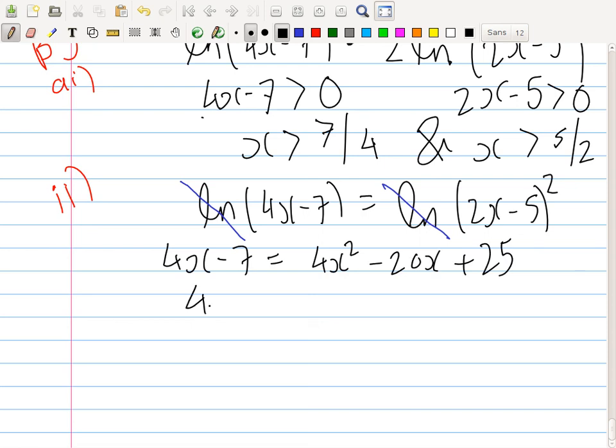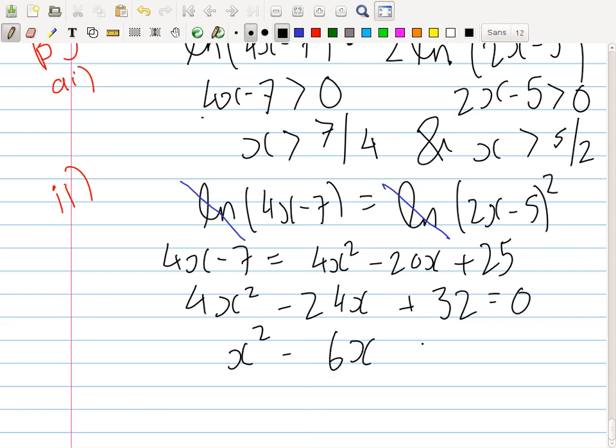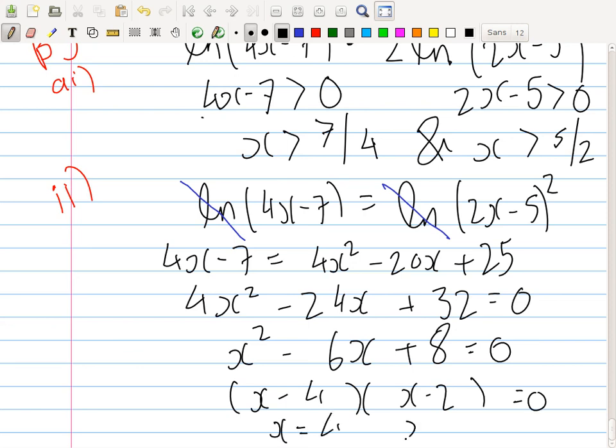So I get 4x squared minus 24x plus 32 equals 0. So I get x squared minus 6x plus 8 equals 0. So 2 answers here. It has to be x minus 4, x minus 2. So I get x equals 4 or x equals 2.